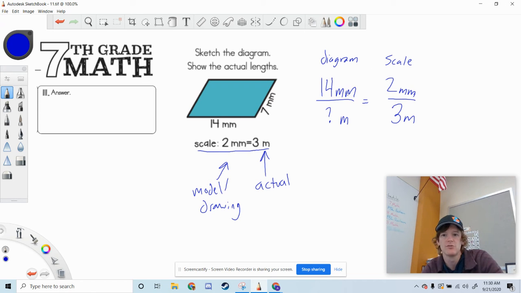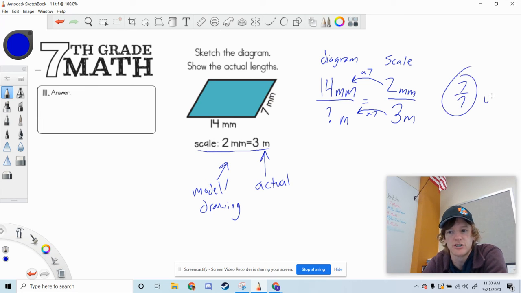I know that 2 and 14 are pretty compatible. Going from 2 to 14, I'm doing times 7. So you should do times 7 on the bottom as well, because then you're multiplying by 7 over 7, which is the number 1. You're not changing anything.